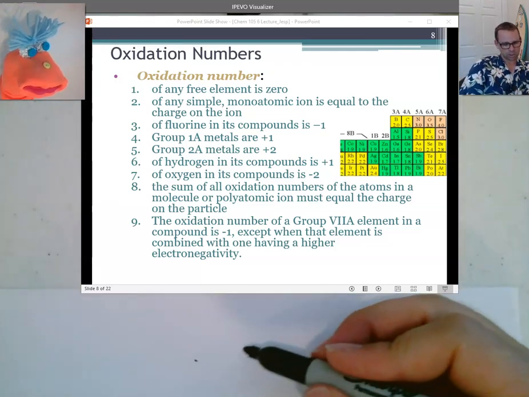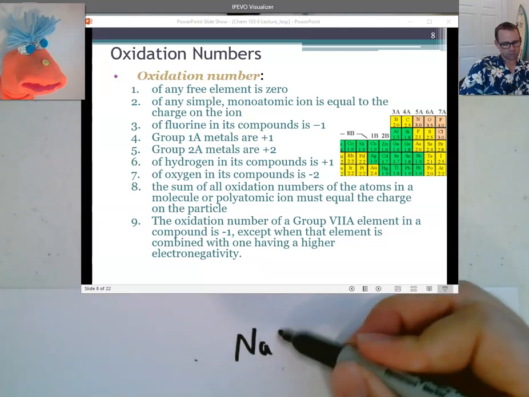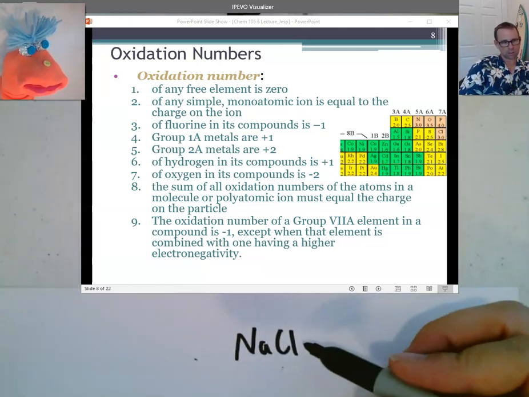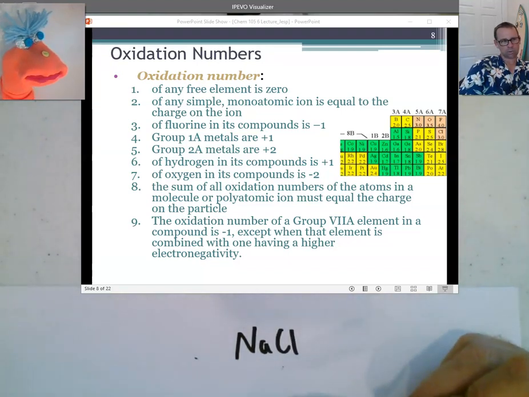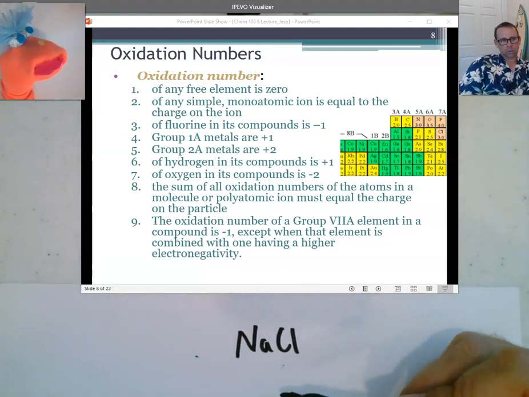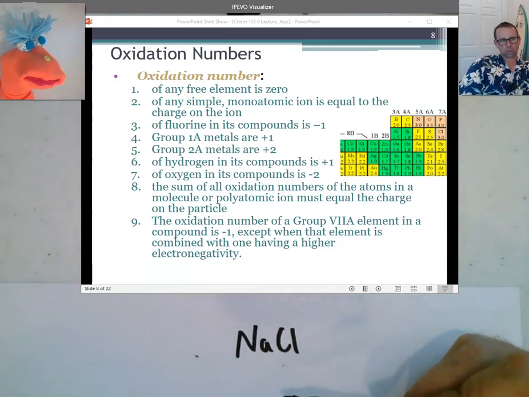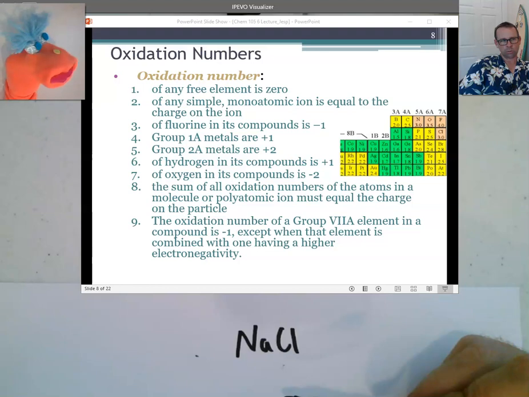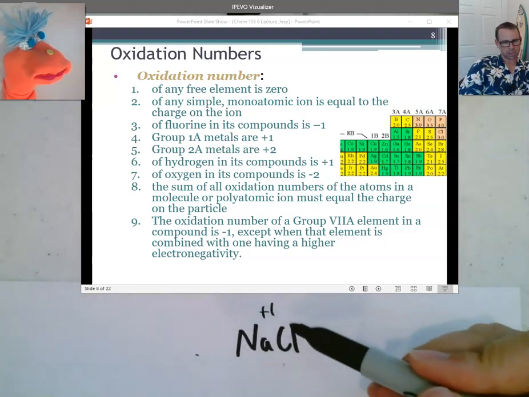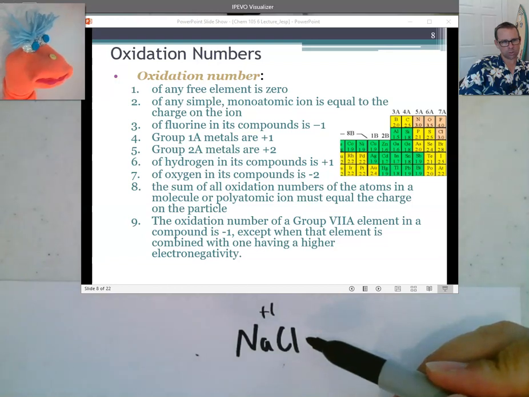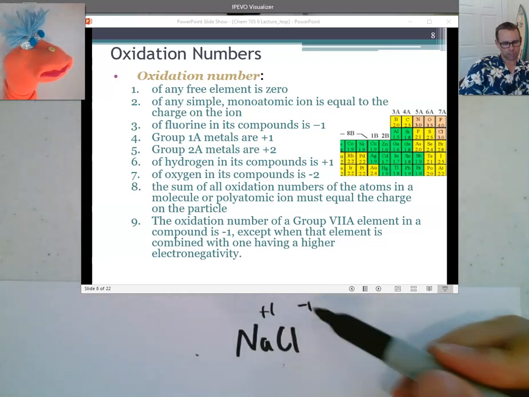So let's look really quick at another example. Sodium chloride, right? Do you know the oxidation number on the sodium? Well, you said that the charge on that ion is the oxidation number, so is it +1? That's right. Sodium's a +1. And do you know what the charge is on the chloride? -1. Very good, -1.